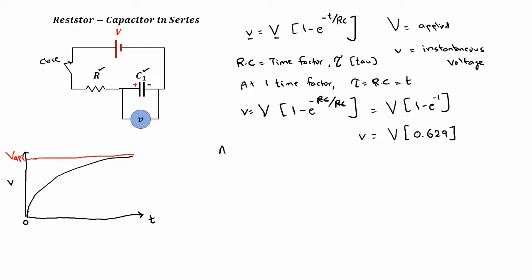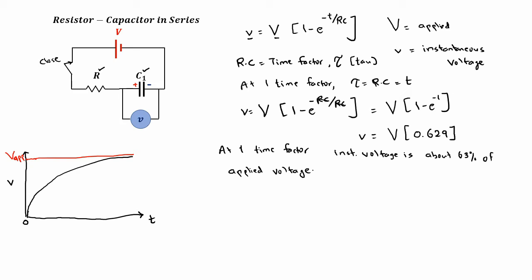So at one time factor, the instantaneous voltage is about 63% of the applied voltage. So if we have a 10-volt battery and we hook it up to the R and C, then at one time factor, at those many seconds, you're going to see 6.3 volts across that capacitor.